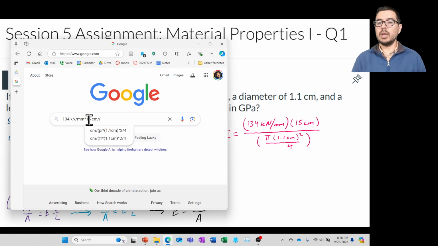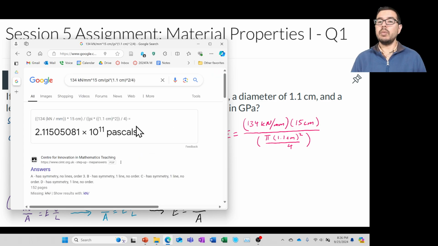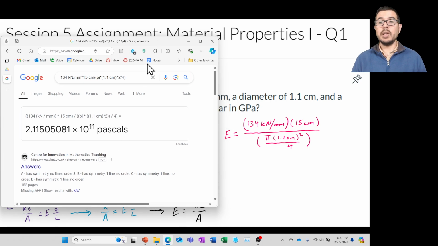This is going to be pi times, we've got to do that in parentheses because there's a unit there that makes it easier, squared, and then divide by 4, and we get the following. We get a result in pascals. That's a good sign because elastic modulus has the same units as stress.